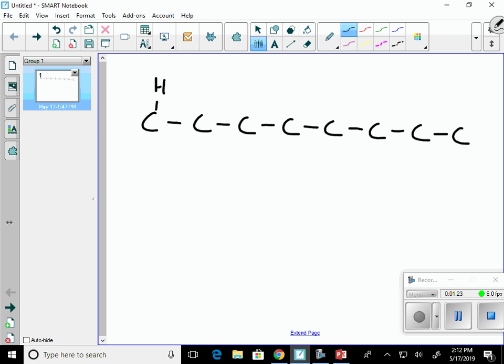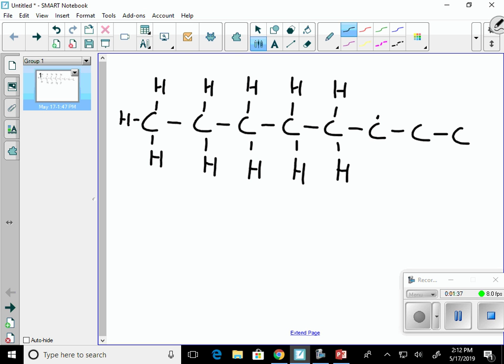So now I have 3 hydrogens coming off the first carbon, 2 hydrogens for all of the middle carbons, and then 3 on the end, because once again, carbon needs to be at the octet.